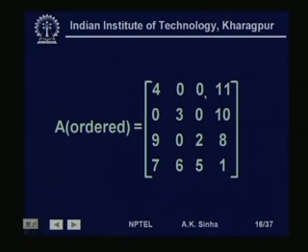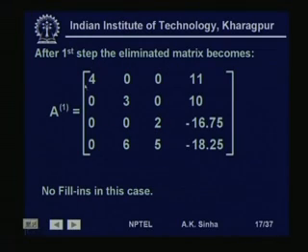Now, for this, if we do the Gauss elimination process as we did earlier, the matrix is still the same matrix, except that the rows and columns have been ordered in a particular sequence. If we do this now, then what do we find?